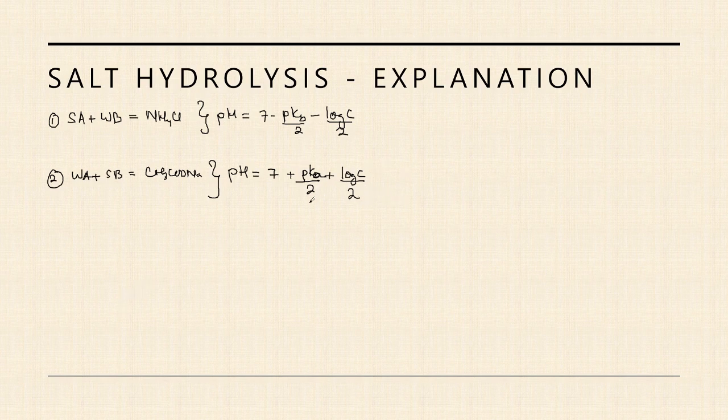I'm very sorry for this. Every part is being added because the pH has to be more, and acetate produces acetic acid for which I will write Ka, and therefore our expression will be like this.